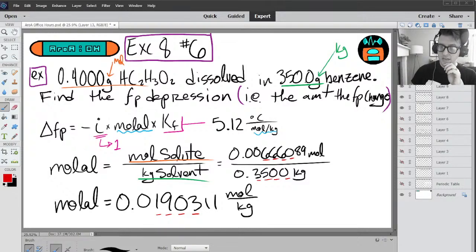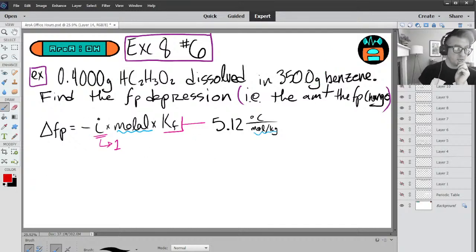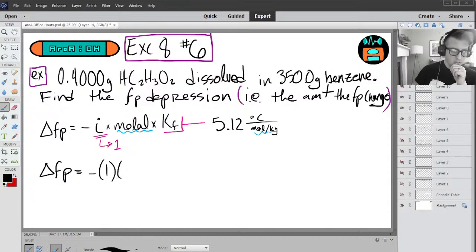All right, now we are actually ready to calculate the change in freezing points. It's equal to negative i, which is 1. Oh, well, I have it written up there. 1 times our molality, which is 0.0190311.